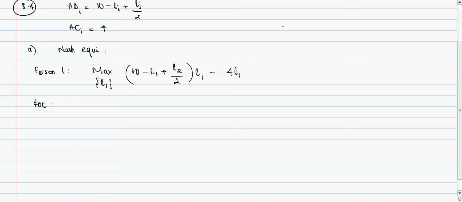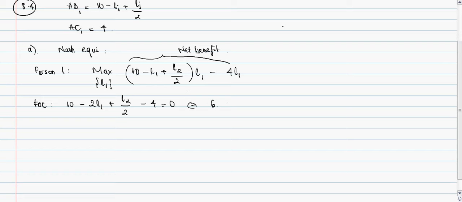If I differentiate the net benefit, which is this thing here, with respect to L1, I'll get 10 minus 2L1 plus L2/2 minus 4, and that will be equal to 0. So I will get 6 minus 2L1 plus L2/2 equal to 0.